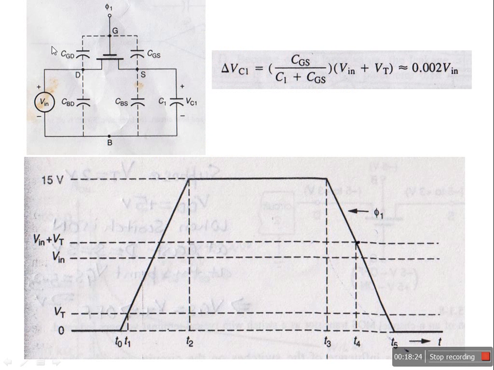Next is the practical switch. Here we have added the capacitances, these capacitances GD, GS. In the ideal switch, from where we started the discussion, a figure below that was given in which a non-ideal switch was shown and some capacitors were added to that.